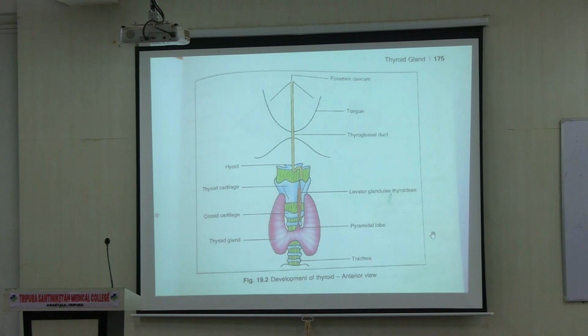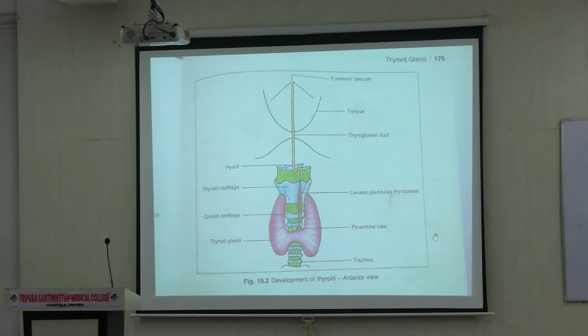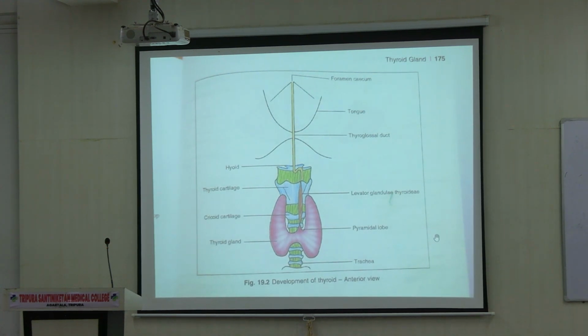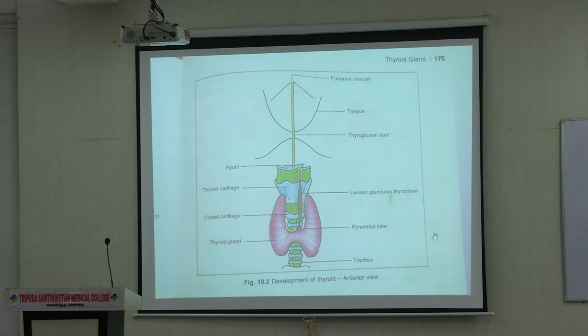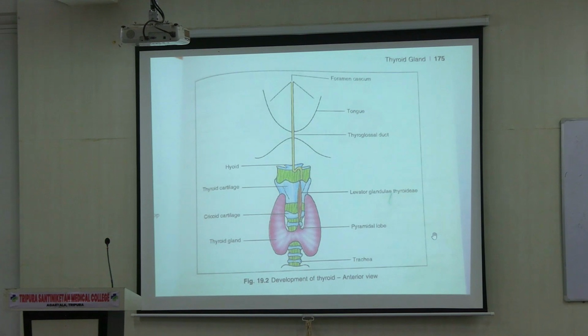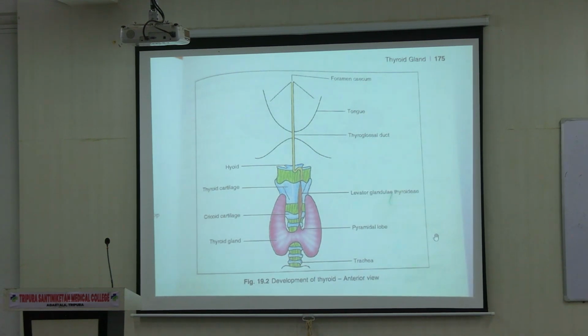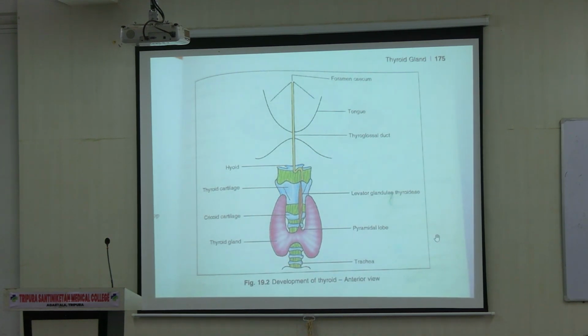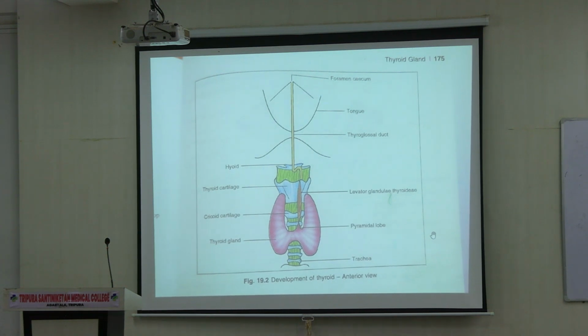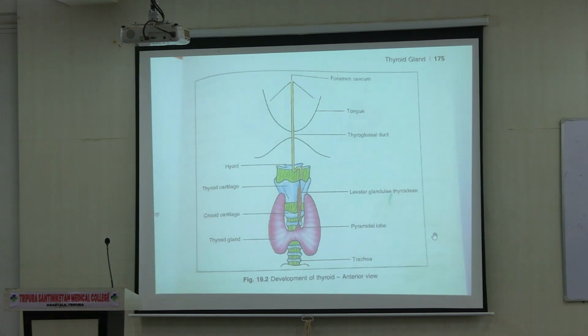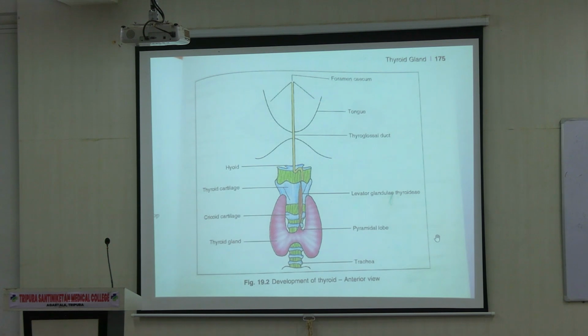That's why when the gland enlarges, it will enlarge in what direction? Either downwards and laterally and posteriorly also. Right? If it enlarges posteriorly, then which structures will it compress?